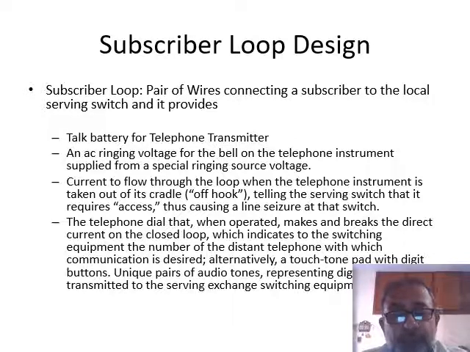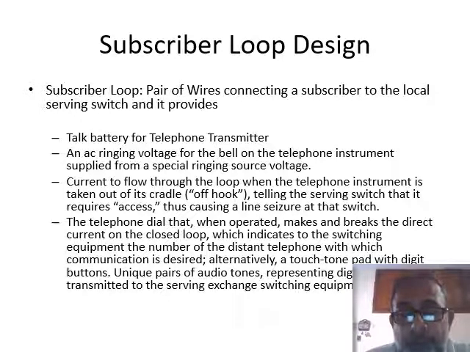We need to have current flow through the loop when the telephone instrument is taken out of the cradle, or it is done off hook. When it is off hook, we can also call it engaged. When you put it back on the cradle, it becomes disengaged.